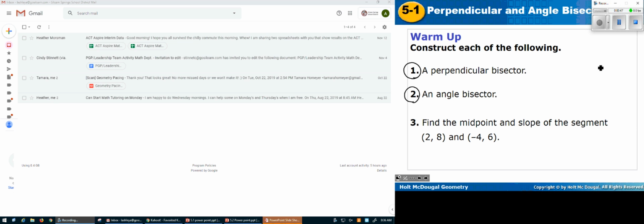So the first one is a perpendicular bisector. Back in chapter 1, if we wanted to construct a perpendicular bisector, can anybody remind me what I do with my compass?